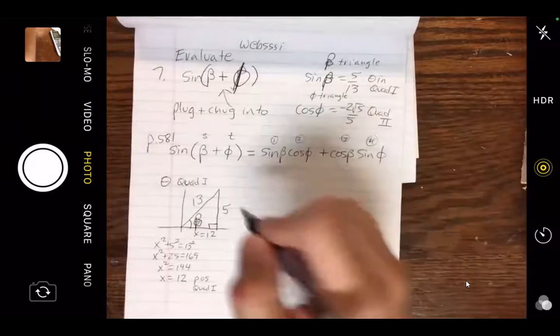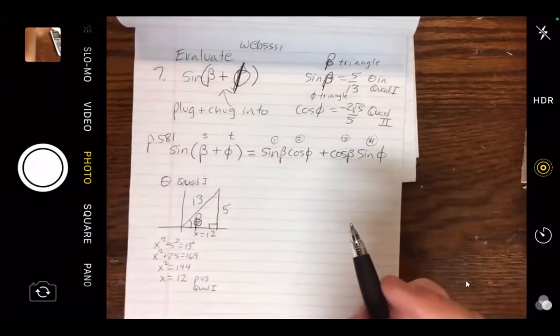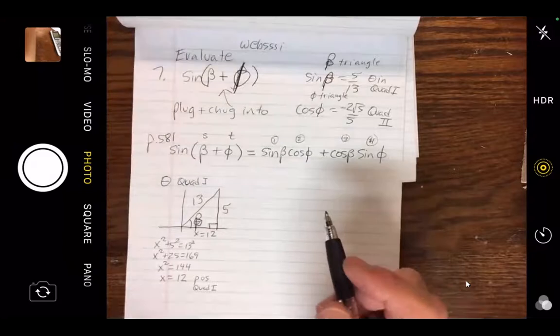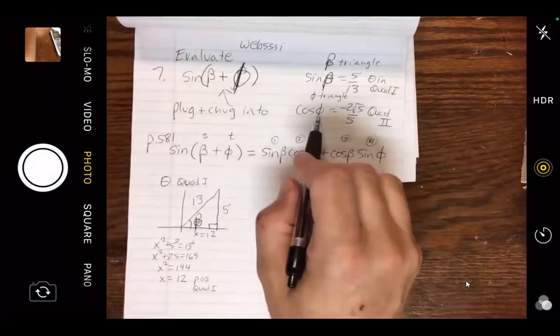All right. So what you're going to need is pieces. No, sorry. For sine, it says beta plus theta. It's supposed to be a theta instead of a beta.